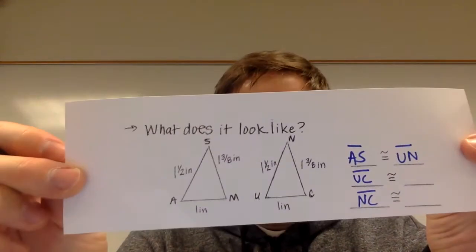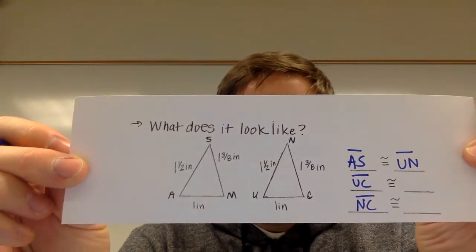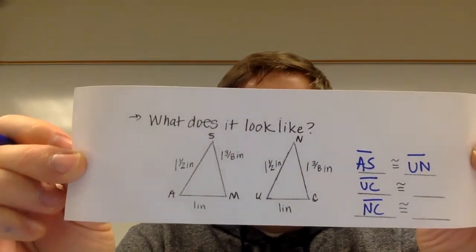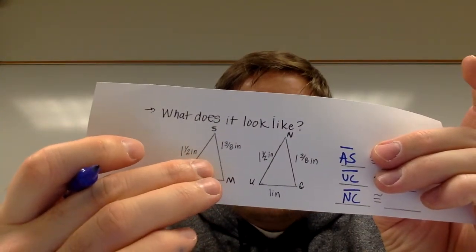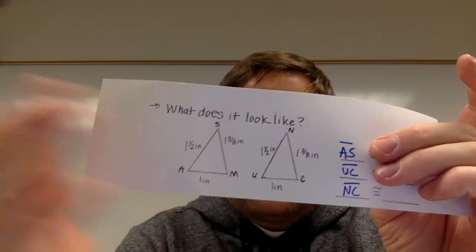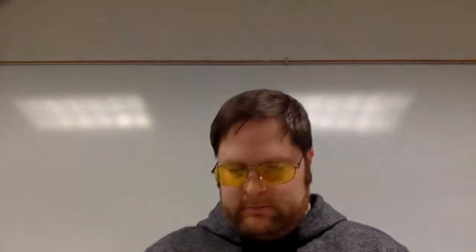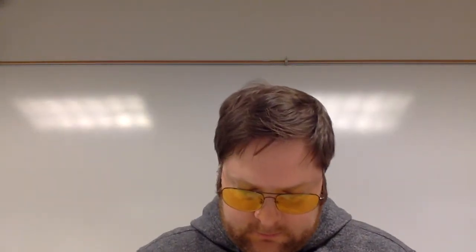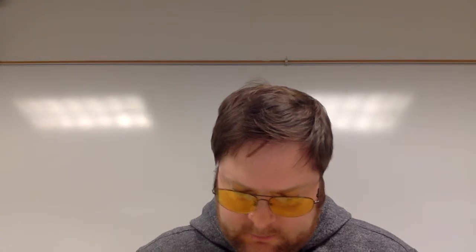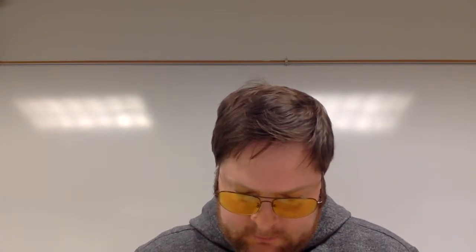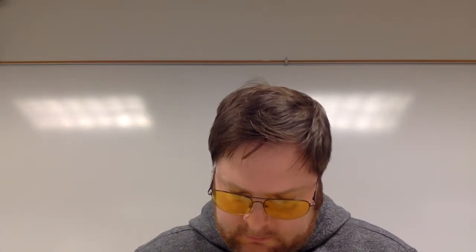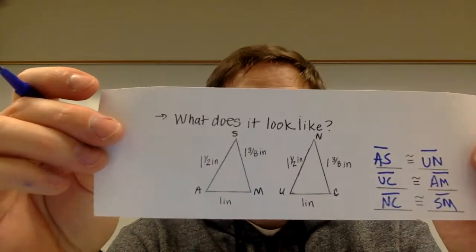So you might have something that looks like this so far. You're going to need to figure out on the triangle over here how UC compares to this triangle. If you wrote this, you'd be correct.